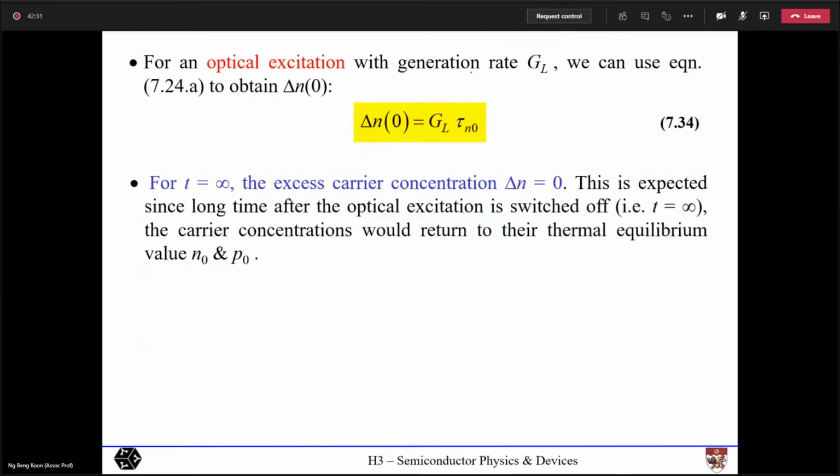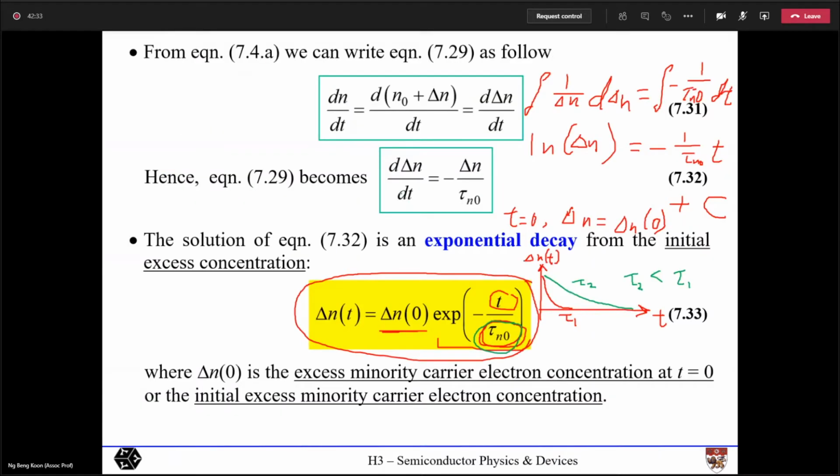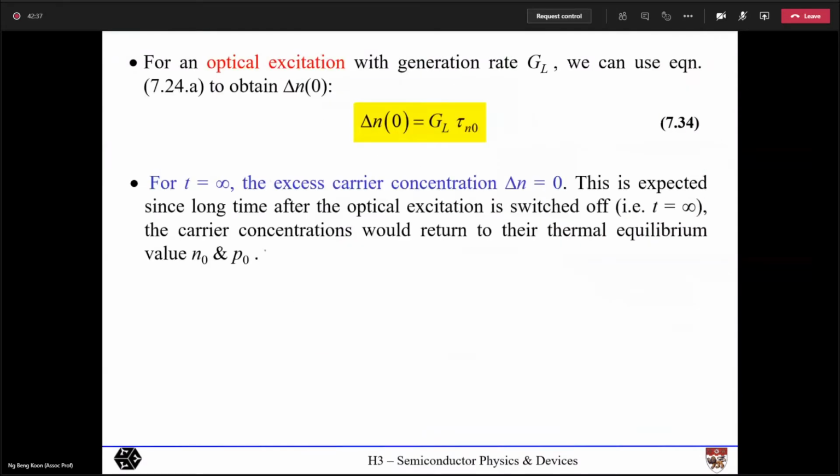So the equation for this case would effectively be, we put in the delta N at time t equals 0, then this will be delta N at time t. It's just equal to G_L times tau N naught.